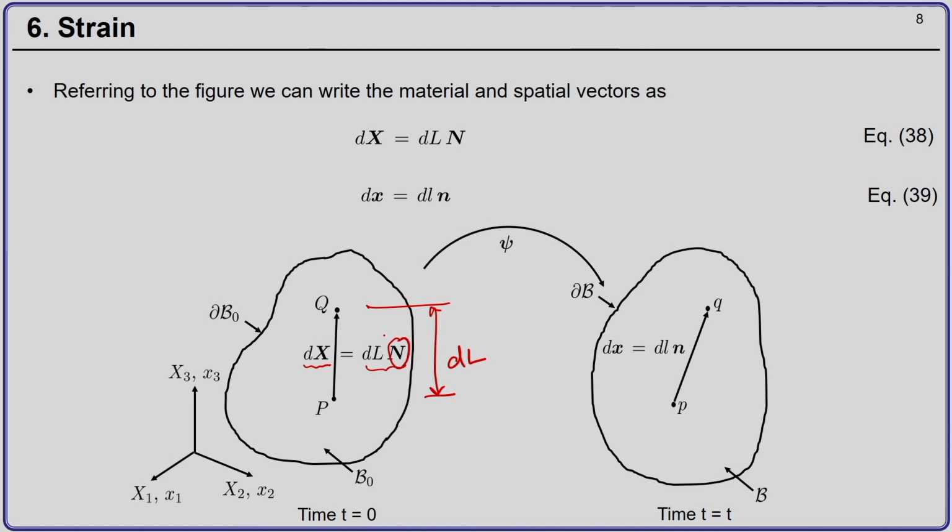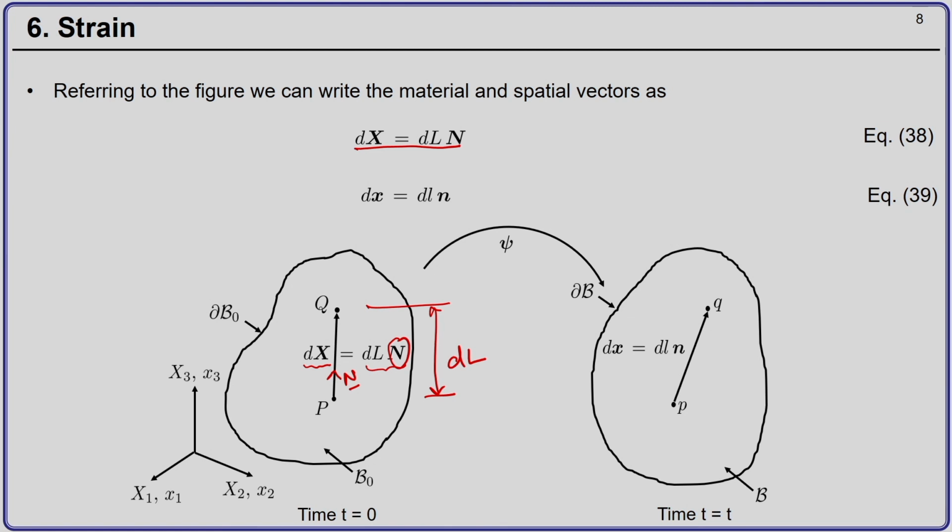N is a unit vector along the material vector PQ. As you know, a vector is nothing but its magnitude times the unit vector in that particular direction. So, I can write the material vector dX as dL into N. N is a unit vector in that direction.